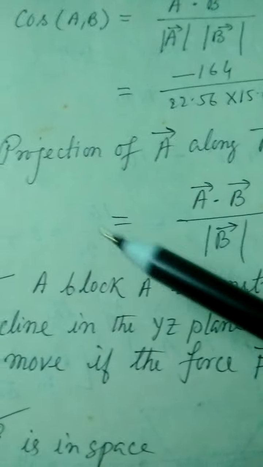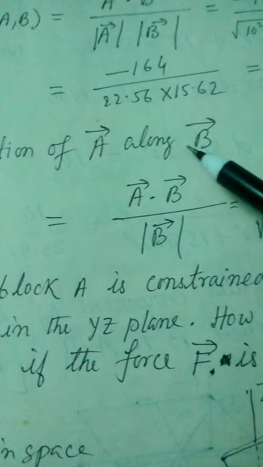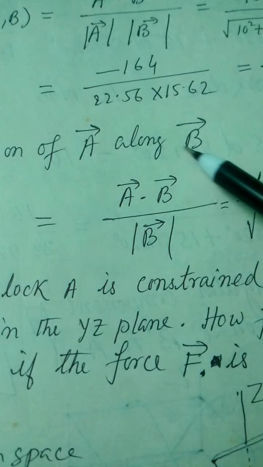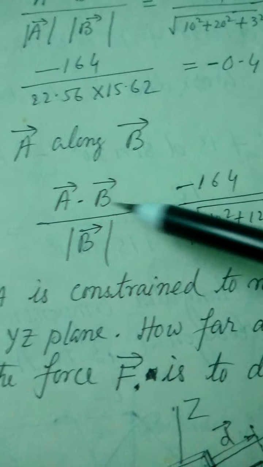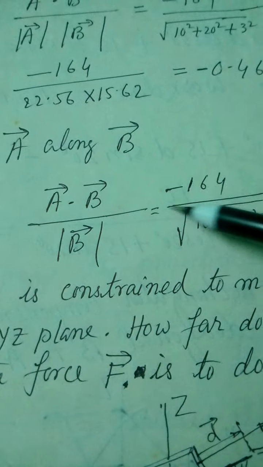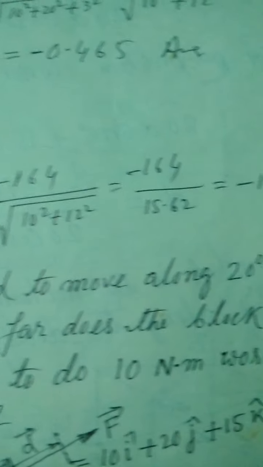Now this is the projection of A along B. So it will be the unit vector of B dot A, or in this formula, A dot B by the magnitude of the B vector. B is this one. So this is the answer.